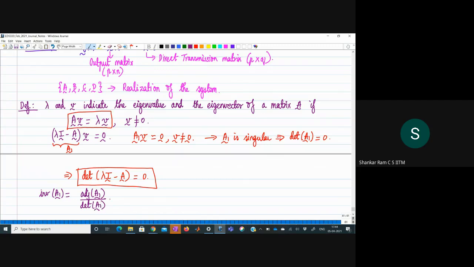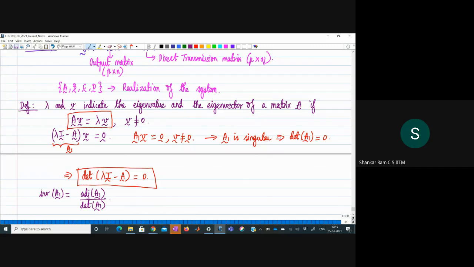So that's the definition of the inverse of a matrix, right? So what is this adjoint of the matrix? Adjoint is essentially the transpose of the cofactor matrix, right? And we form the cofactor matrix by essentially replacing each element with the determinant of a lower order matrix, which is obtained by eliminating the corresponding row and column at whose intersection the particular element is located, right? So that's how we calculate the inverse of a matrix.